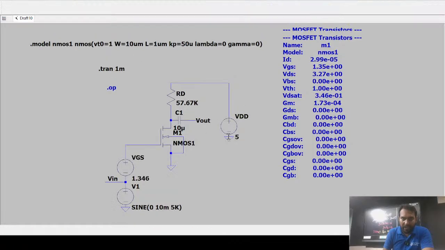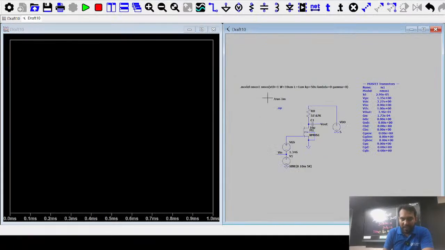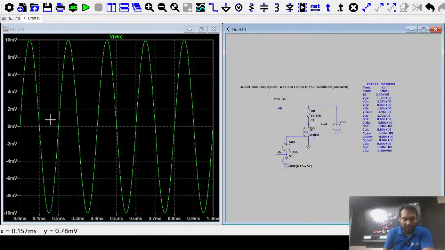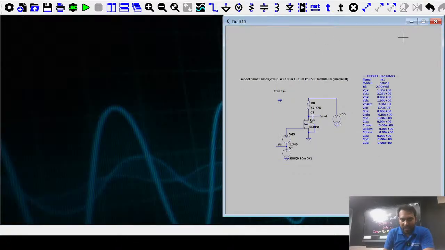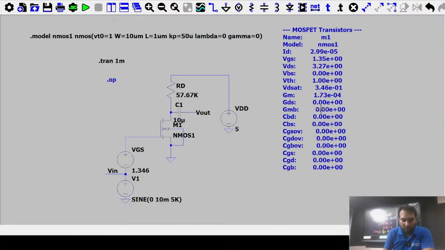If you run it, it takes some time, and you know this is an input voltage: 1 period, 2 periods, 3 periods, 4 periods, and 5 periods. Of course 5 cycles are going on. Or if you want a good picture of that, you can reduce that time, make it 0.4 millisecond.